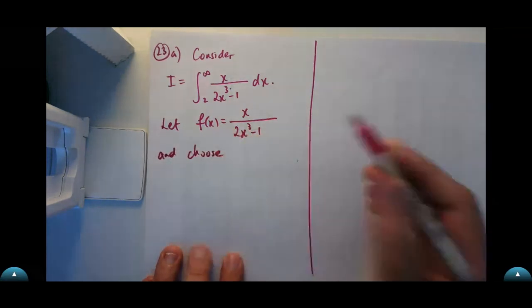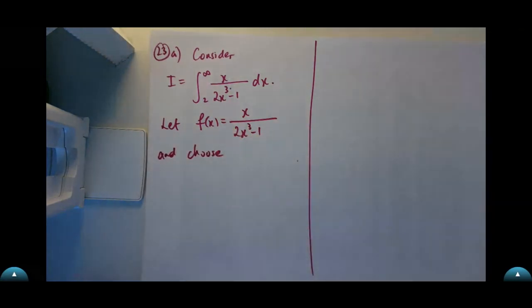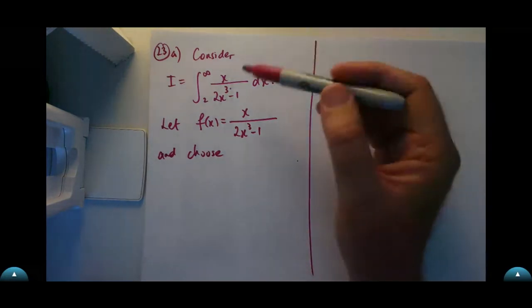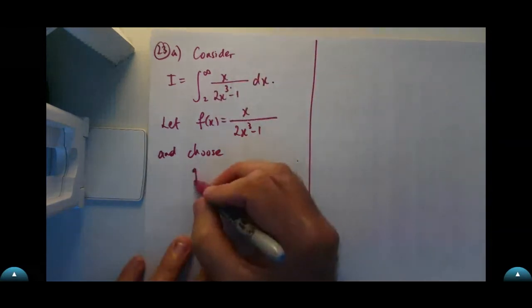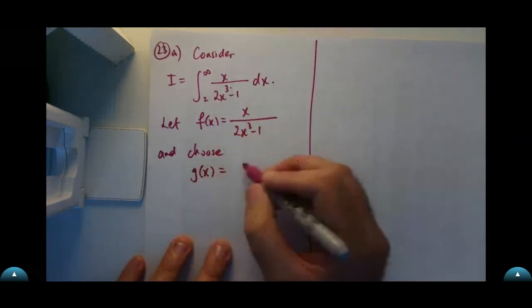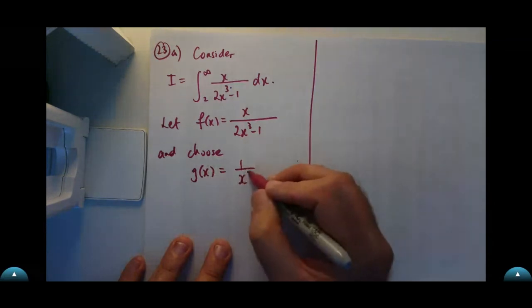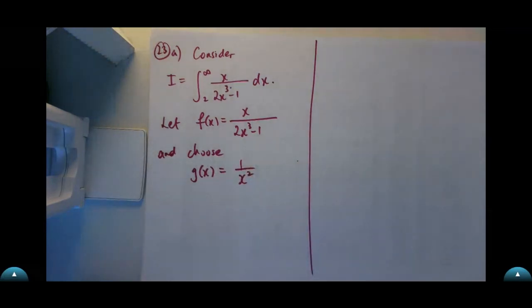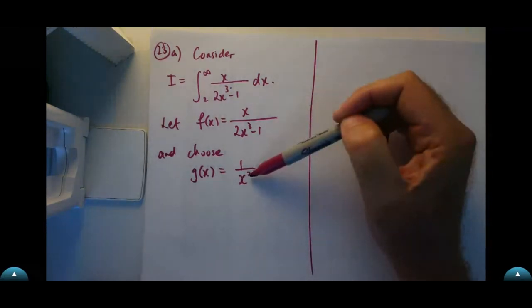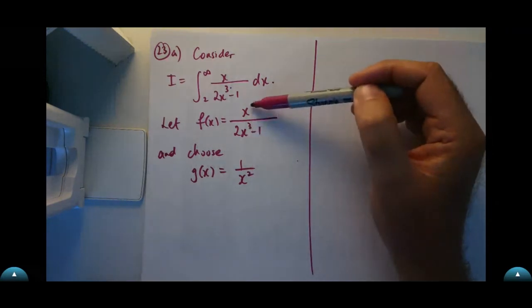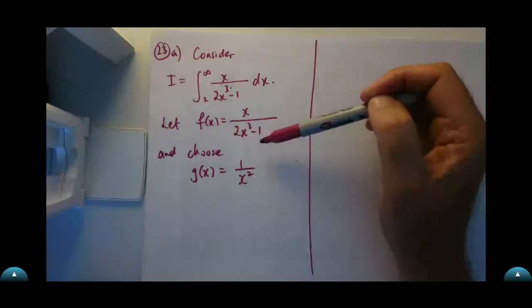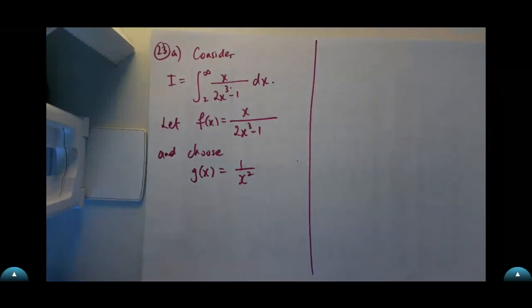I'm going to choose, in this case, a p integral that is related to this one, right? So I'm going to choose g of x to be 1 on x squared. Okay, so how did I do that? The squared comes from the difference between the 3 and the 1. Okay, that's how I did it, right?